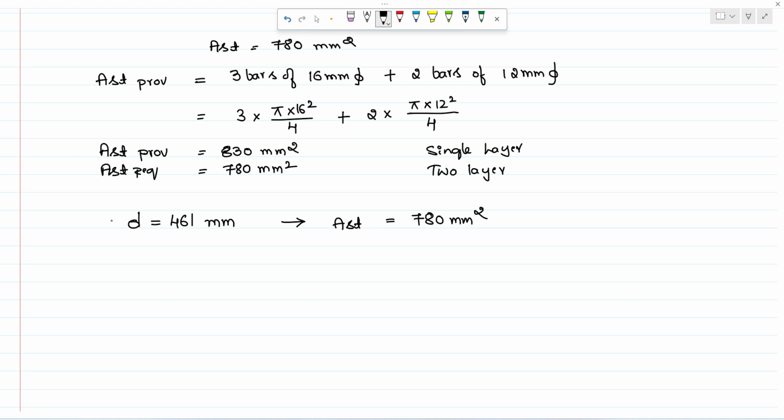So if you are adopting two layers of reinforcement, what is the effective depth? So effective depth will be 500 minus 25 plus 8 plus your first layer of bar 16 mm dia, second layer bars are 12 mm, 12 by 2. So your effective depth will be reduced.